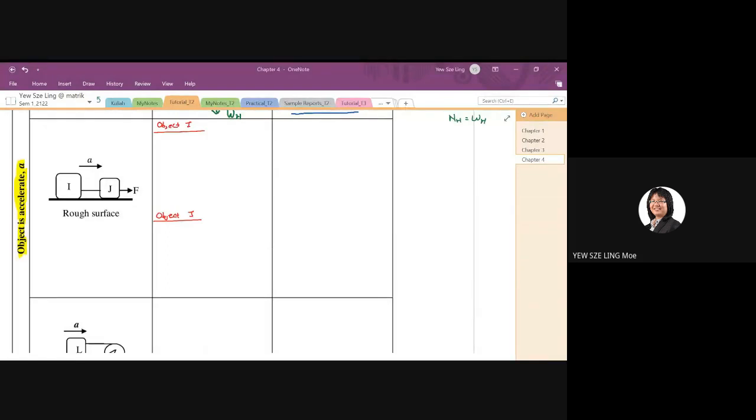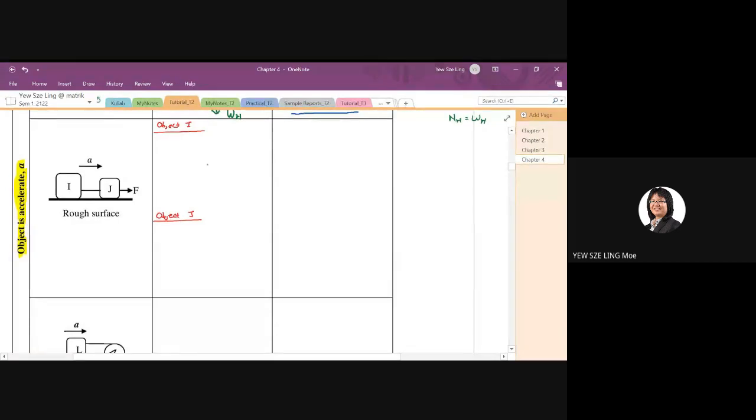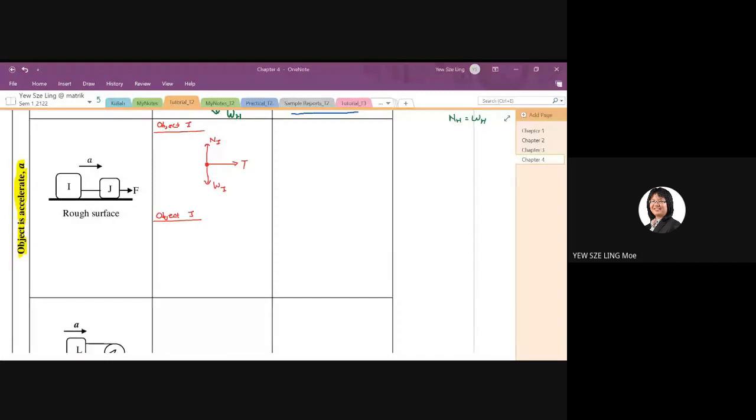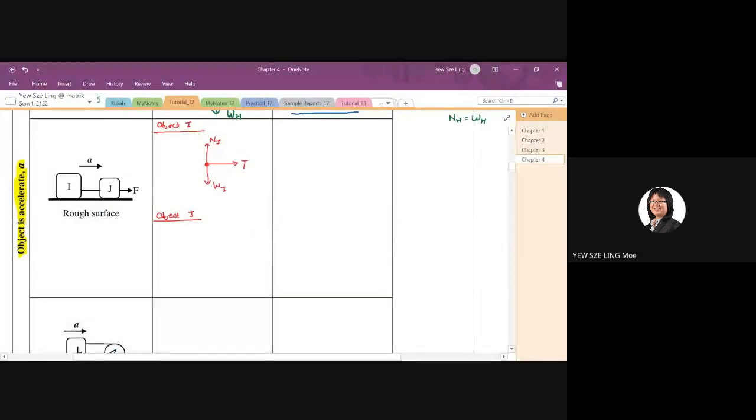Maisato gave me a diagram. This one, she gave me a T, and then you have an NI, good. She managed to do a correction while I was explaining the previous question. Another one, because of a rough surface, a frictional force goes here.